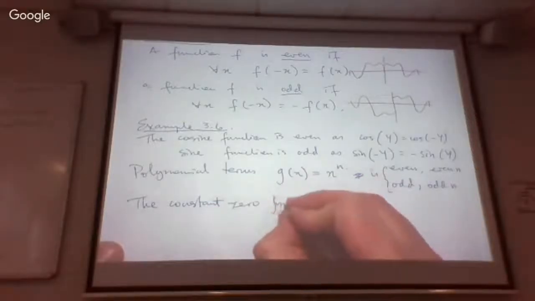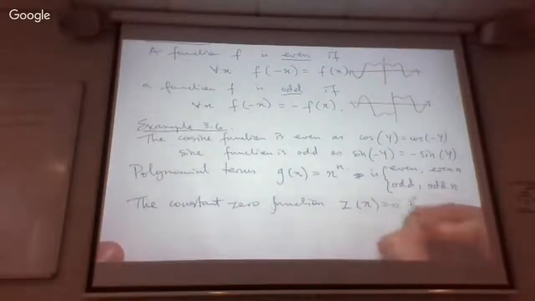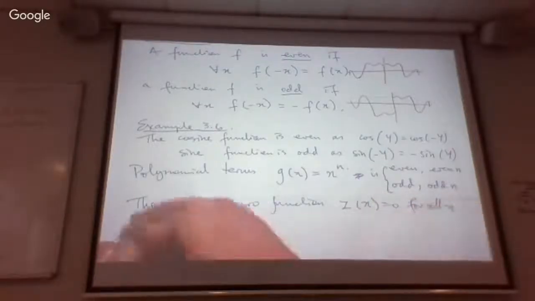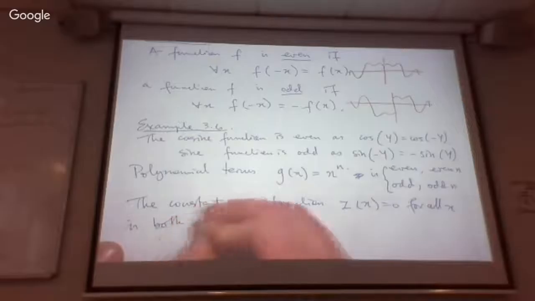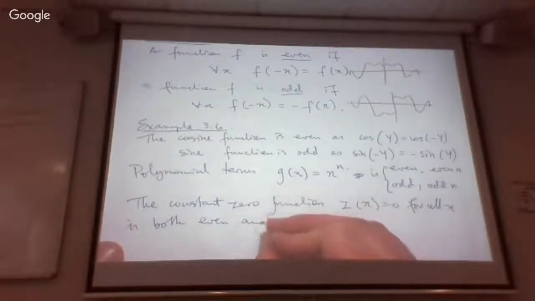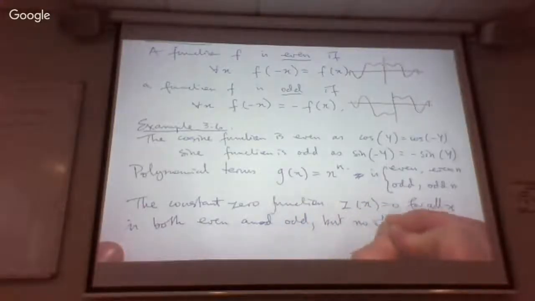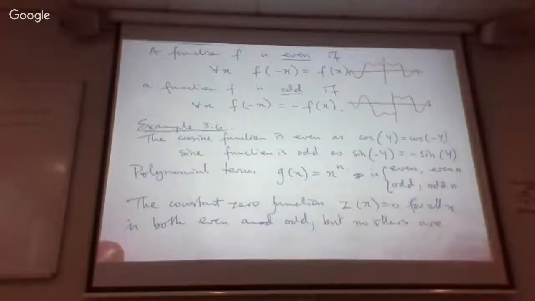The constant 0 function, z of x equals 0 for all x, is both even and odd. No other function is. The only way you can be equal to plus something and minus something is if it's equal to 0.